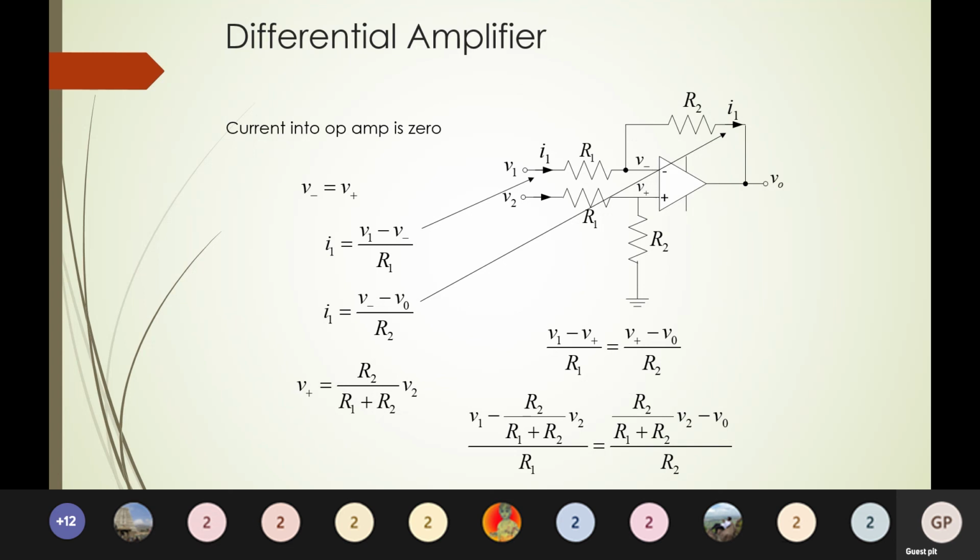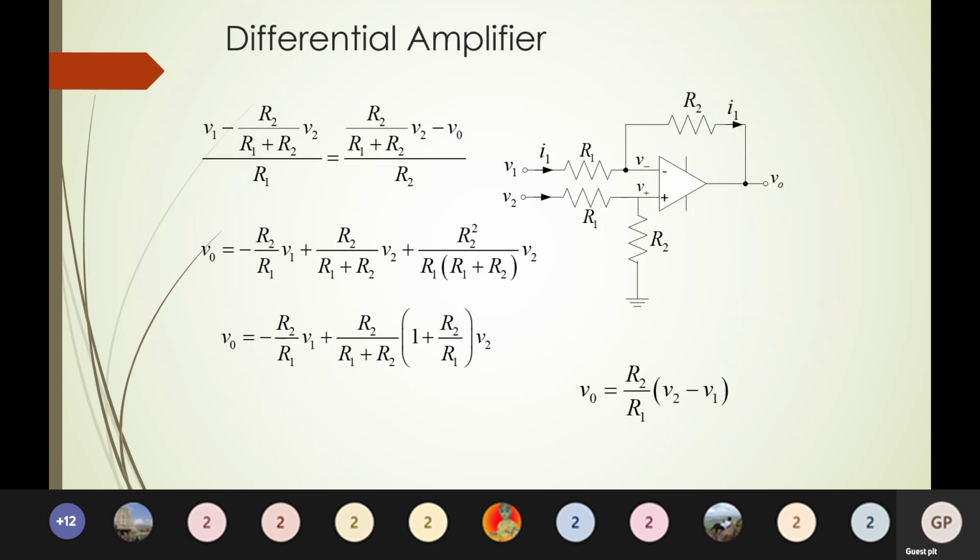When I equate these two and simplify, finally V naught will be equal to R2 by R1 times (V2 minus V1). So V naught is equal to some gain times the difference between the inputs. If you want, you can go through the steps again; it is very simple, normal simplification.